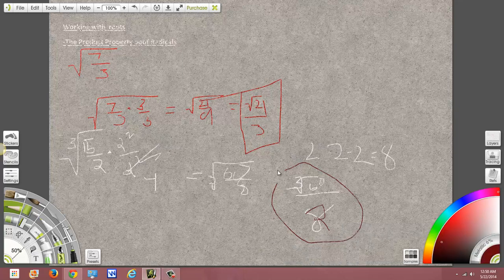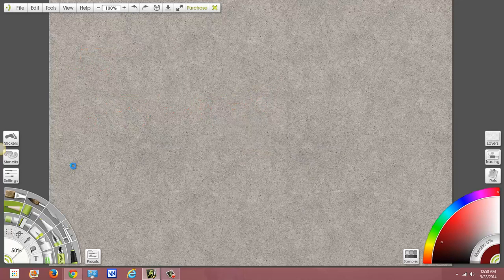Our last example will be this one. Let's simplify the square root of 20 minus the square root of 6, all divided by the square root of 3. To do this problem, we have to rationalize once again.